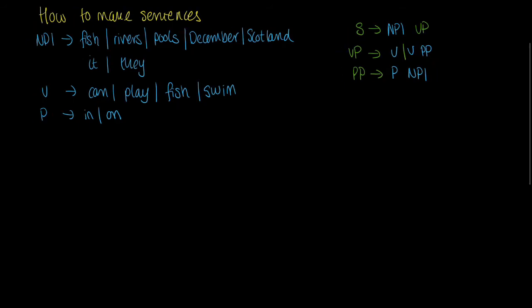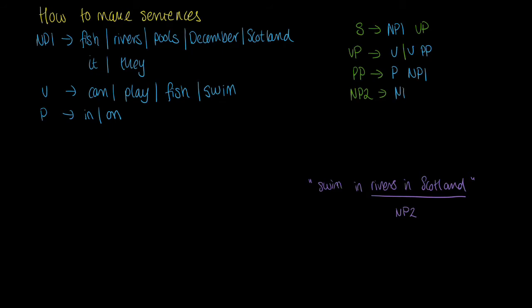But what if we wanted to say something like swim in rivers in Scotland? Then we'd want an extra rule, which said that rivers in Scotland is a noun phrase just like rivers, but bigger. So we label this kind of bigger noun phrase as NP2 and say an NP2 is just an NP1 followed by a prepositional phrase.